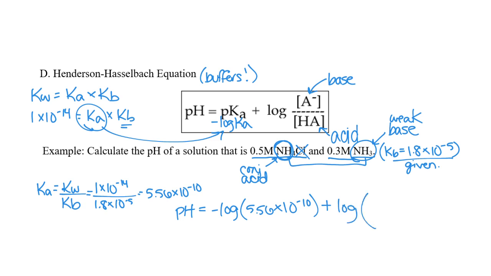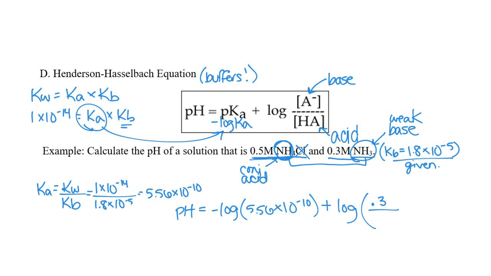So this is where you guys just need to make sure that you're plugging everything into the right place. Really identify what's the basic part of this and what's the acidic part of this, whether it's a regular or a conjugate. So NH3 was the base. And in this equation, the base concentration goes on the top. So 0.3 is going to go on the top. And in this equation, the bottom is where we put the acid concentration, whether it's a regular acid or a conjugate acid.